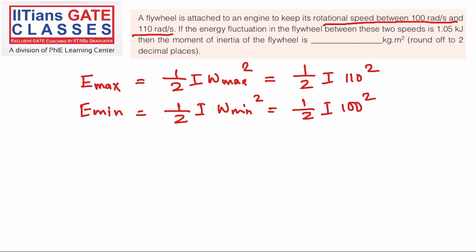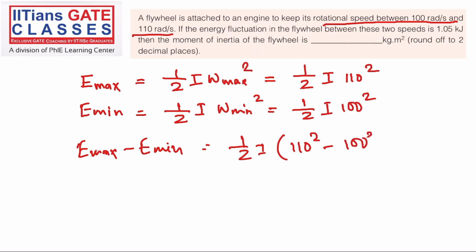Simply subtract 1 and 2, E max minus E min, there is a fluctuation of energy between these 2 points: half I times 110 square minus 100 square, right? This is given as 1.05 kilojoule. So I'll simply write it as 1.05 into 10 to the power 3.